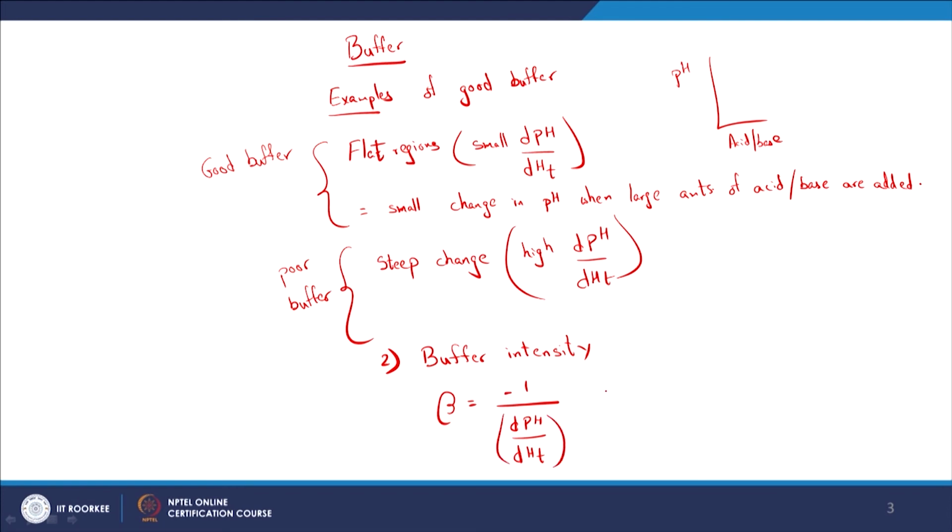So this is the buffer intensity, and that's going to be equal to minus dH total by d pH. Keep in mind this is the source of your buffer intensity, and over the next few minutes we are going to calculate it.